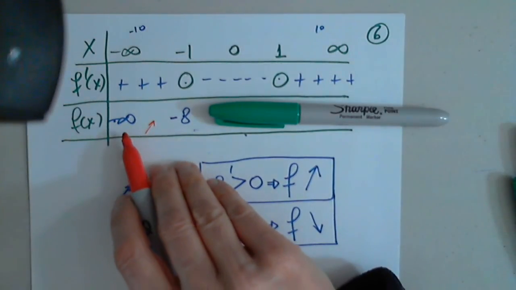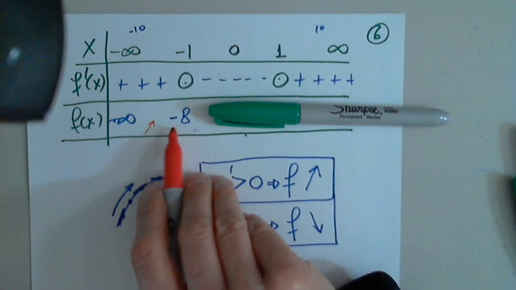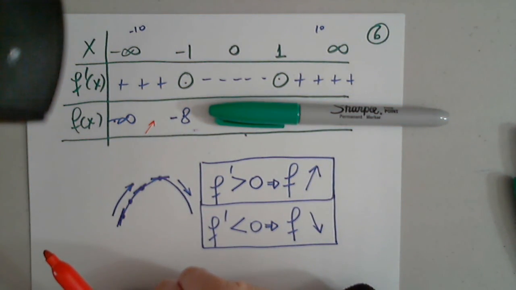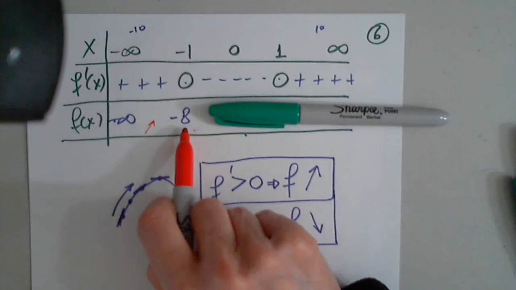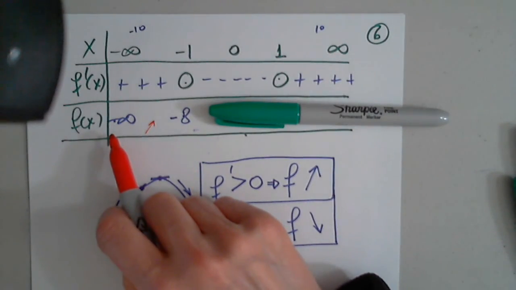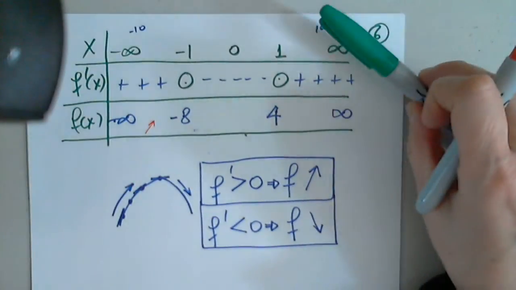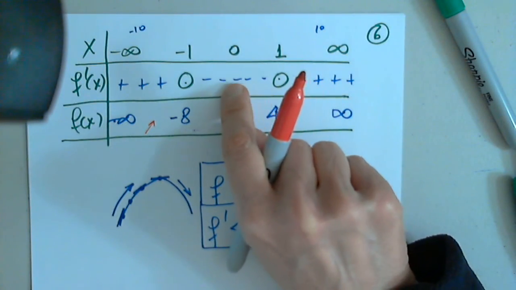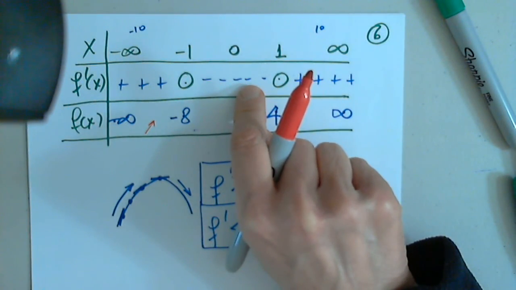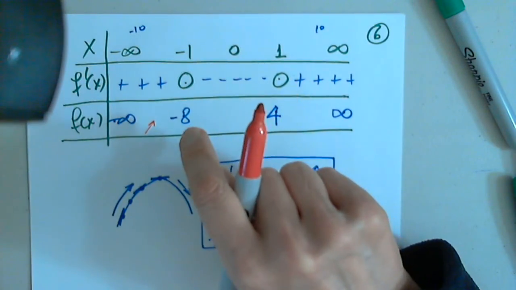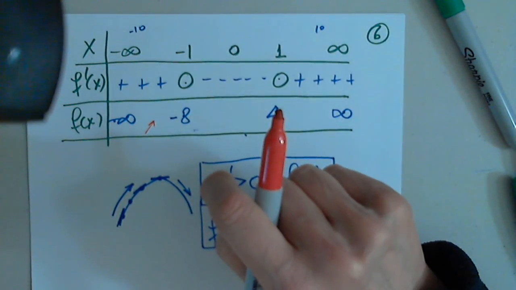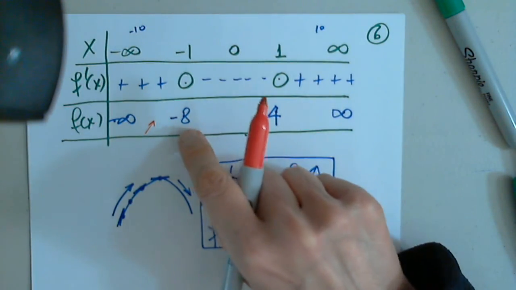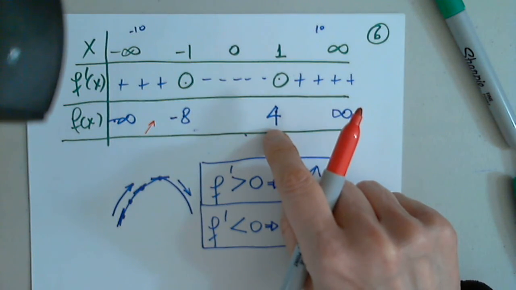Do you want to have in your bank account negative infinity or negative $8? We will always take negative 8 versus negative infinity, right? Okay, good. What is the derivative doing here? It's negative. What should the function be doing? Going down. Is it from negative 8 to 4?